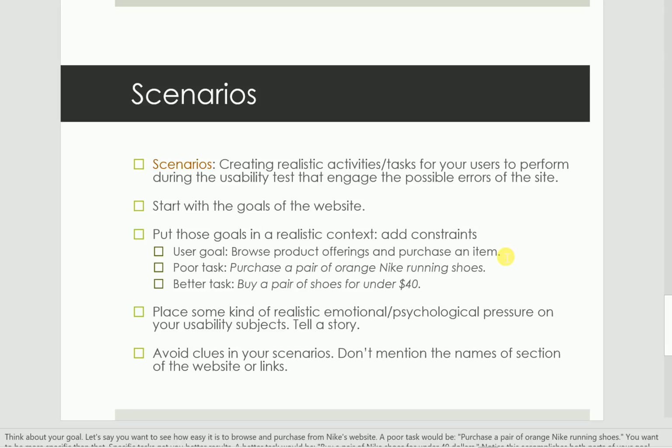So there's a story behind it, and then the task is being provided. Otherwise, the user might not engage with the process as you would like for them to engage with it.